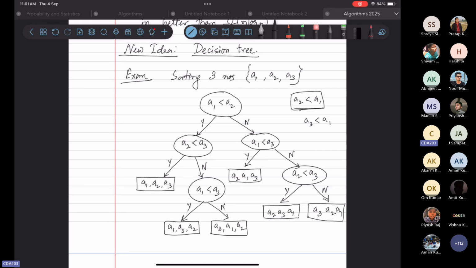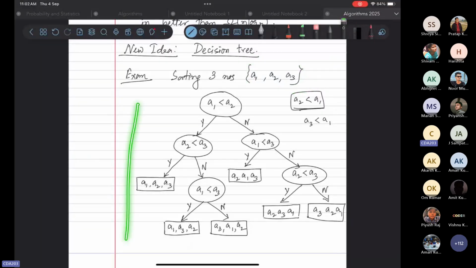What is a sorting problem? I'll give you some numbers. These numbers can be anything, A1, A2, A3, right? And I have to figure out which is the correct order of these three numbers. That is the problem.